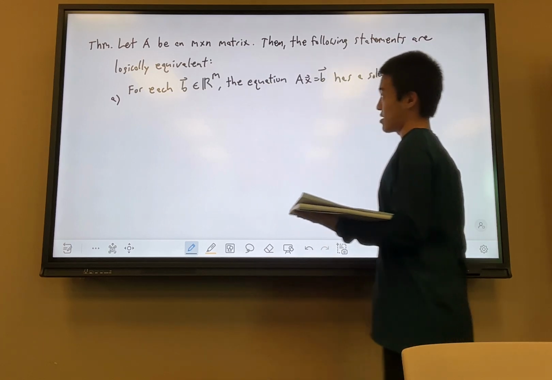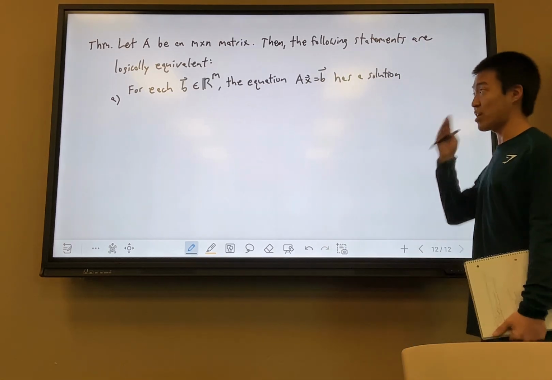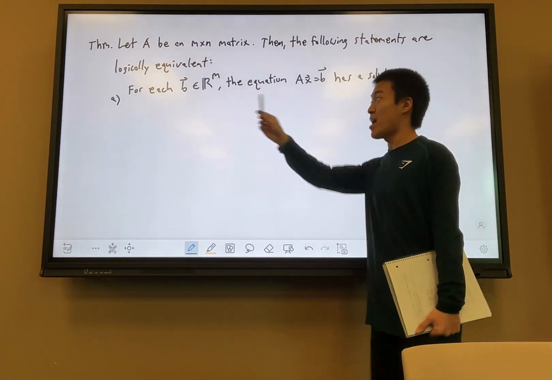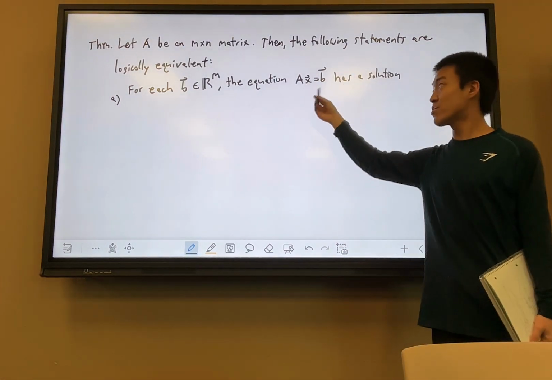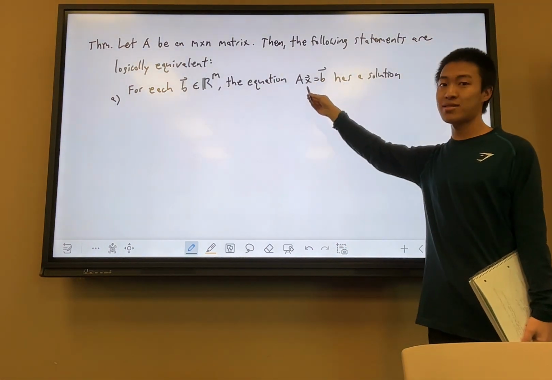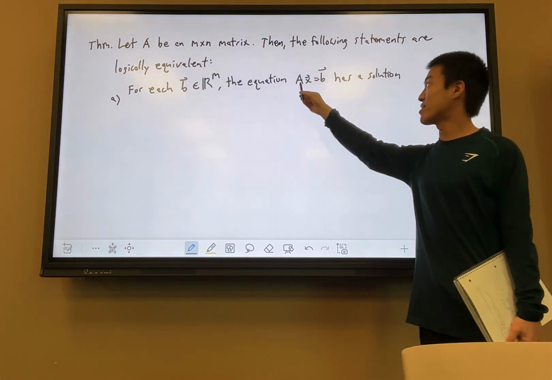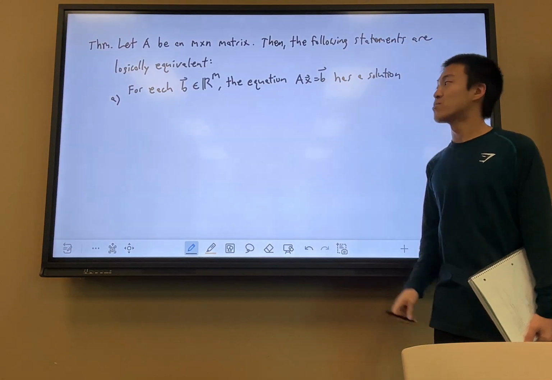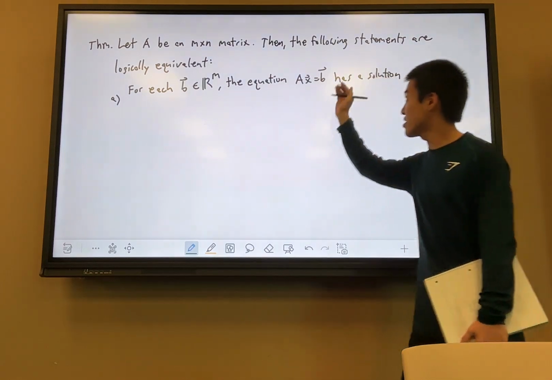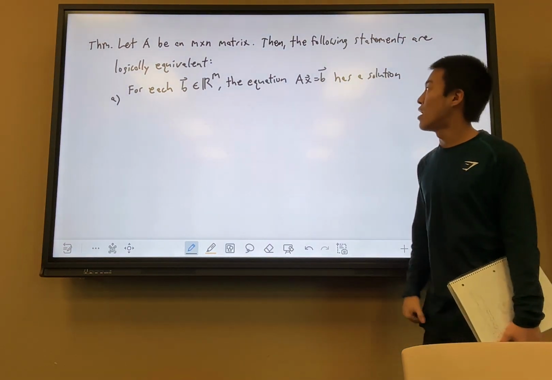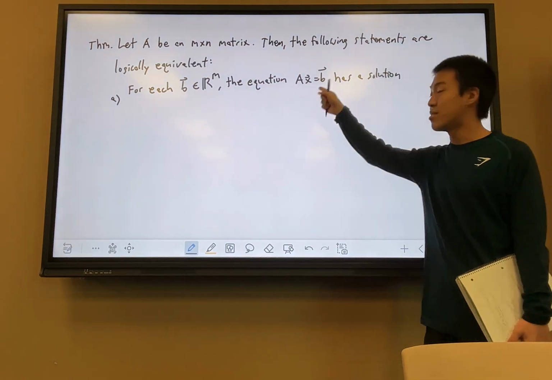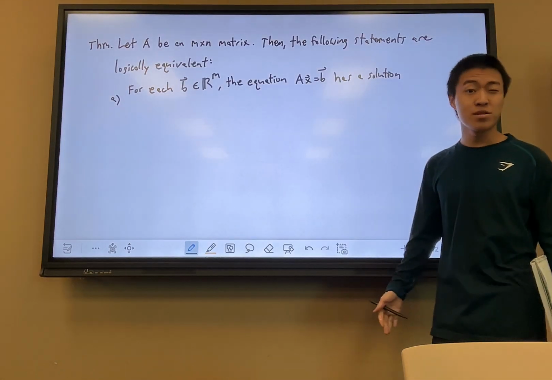Let's see what this is really saying. So the first statement here is the claim that no matter what I choose for b, I could always find an x that multiplied against A could get me to b. So no matter what I choose for b, no matter what this outcome is, I can always find at least one x so that that will actually be a true equation. That's really what's being said here.